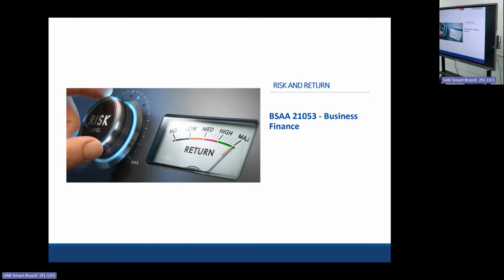So they are fundamentally free from default risk, since they are issued by the government, not a person or an institution. Therefore, theoretically we identify government securities as the risk-free investments. So based on the treasury bill yield and treasury bond yield, we can identify this risk-free rate of return.